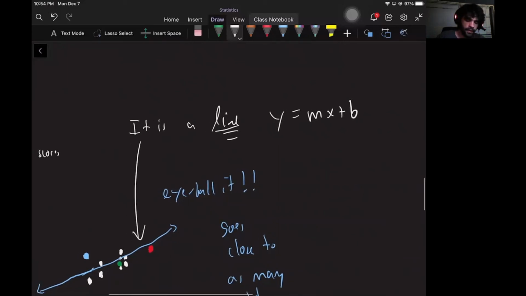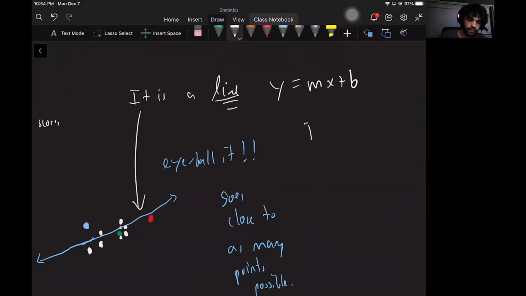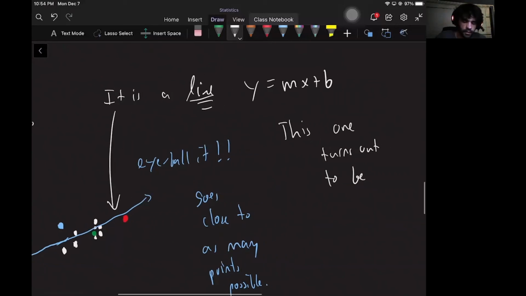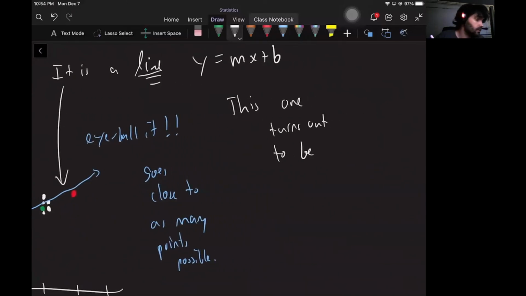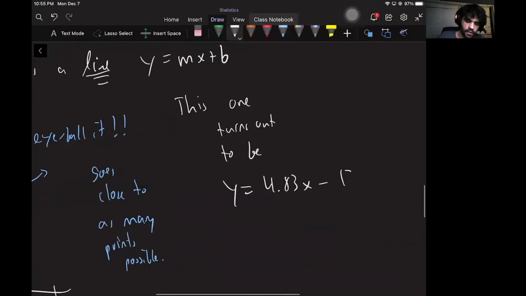So here, this one turns out to be, again, you don't have to calculate the line because you have to use calculus for that. You just have to be able to draw it. But this one will turn out to be, if you actually go and calculate it, 4.83x minus 173.51.